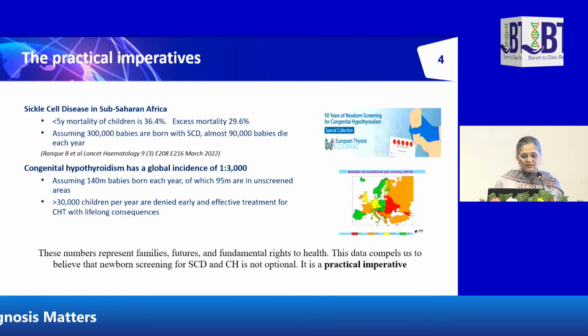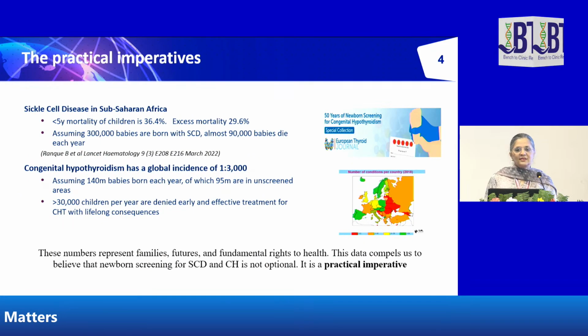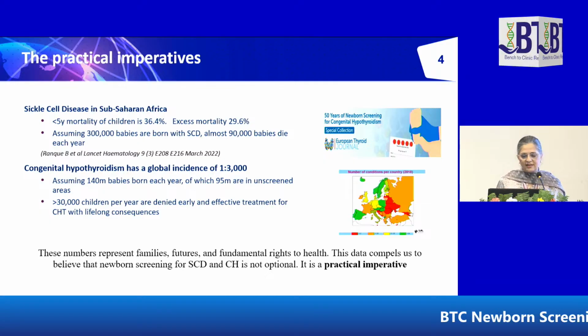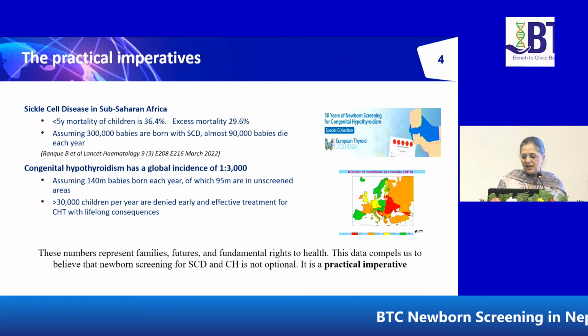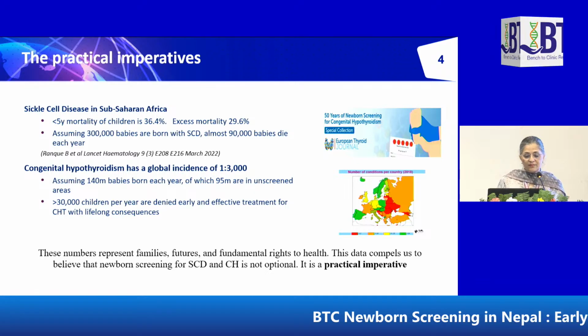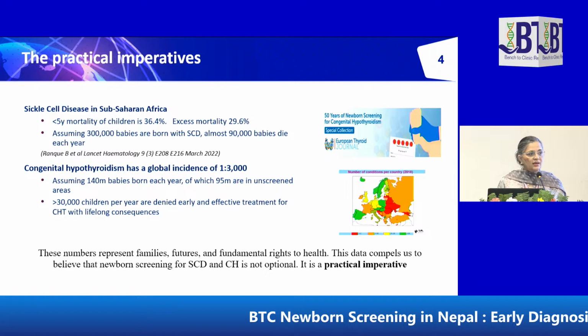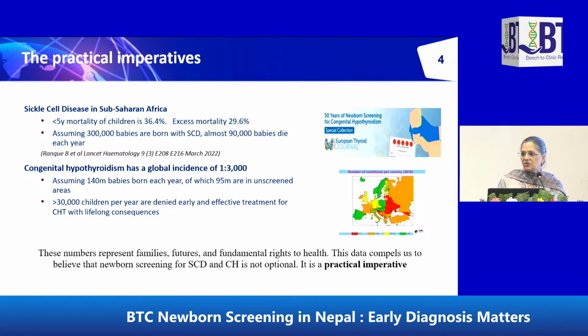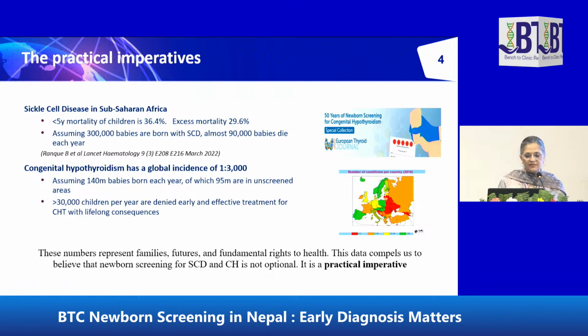These figures are not just numbers and stats. They represent families, their futures, and their fundamental right to health. The data compels us to believe that newborn screening for sickle cell disease and congenital hypothyroidism is not optional, it is a practical imperative.